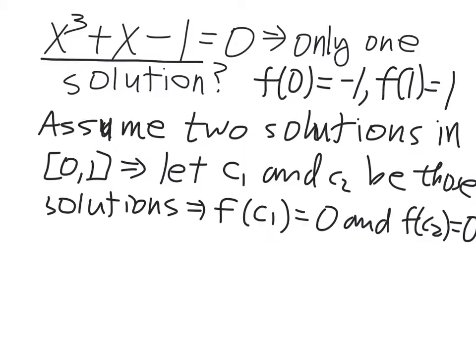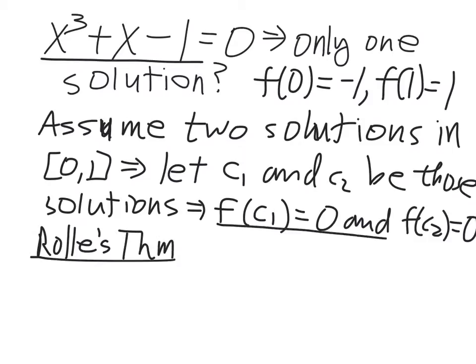Now, Rolle's theorem. Because of this assumption, we can show f of c1 is equal to f of c2. Both values are equal to 0.